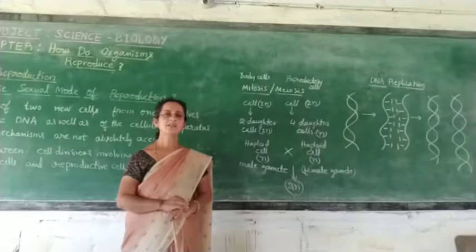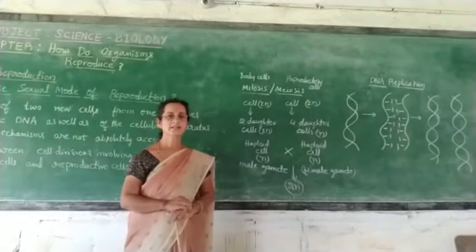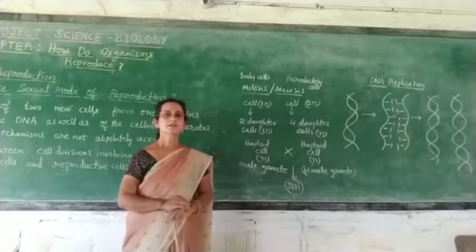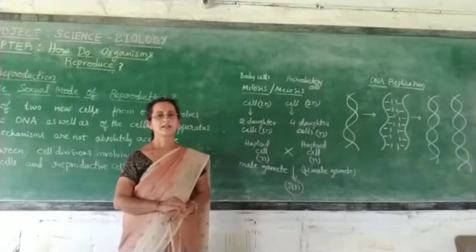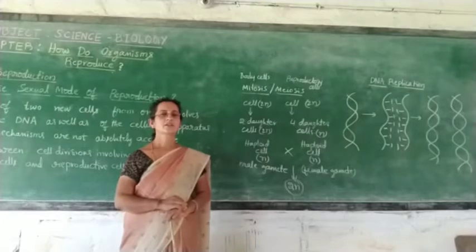In case of animals, reproductive structures such as testis and ovary produce the male gamete called sperm and the female gamete called egg. So we already learned about the different types of cell divisions, namely mitosis and meiosis.